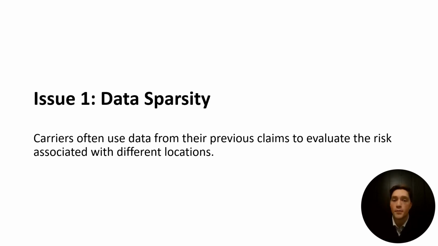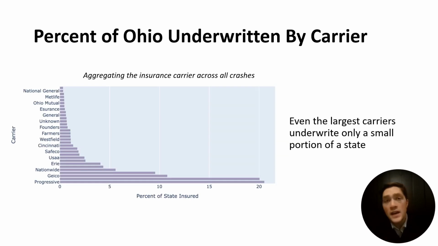First problem with the current approach is data sparsity, the lack of data, really. Carriers often use data from their previous claims to evaluate the risk with different locations. Okay, the problem is there's not one carrier that has all of the data, right? If you take a look at the state of Ohio, that's where myself and my co-founder Sergey were from.